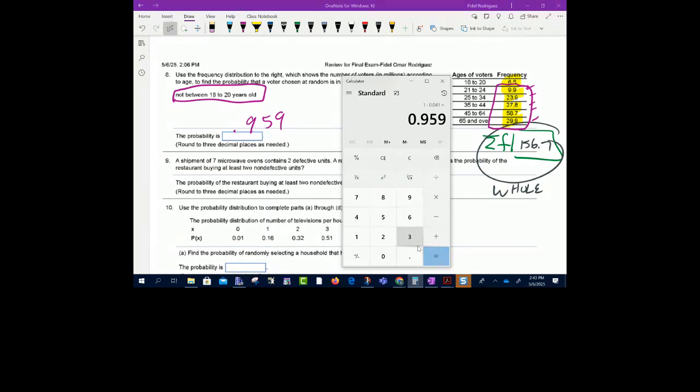So whichever way is easier for you. What was that again, sir? Sorry. I took the 6.5 divided by 156.7, and I came up with 0.041. And then remember, we're trying to find everybody except that guy. So let's do 1 minus that answer. And that's how we got the 0.959.